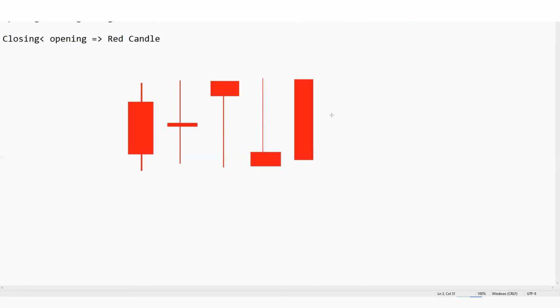Another one you will get is this kind of red candle. So the first one is the very bearish candle, this is the bearish one. Buyers try to buy first, then there is a sell off, they try to sell.